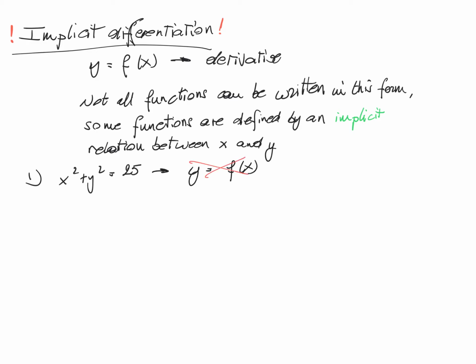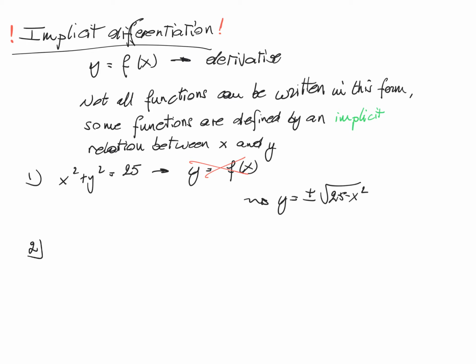The best that we can do is y is either the positive or the negative root of 25 minus x squared. But this is not one function, but two functions: an f of x, which might be the positive root, and a g of x, which is the negative root.